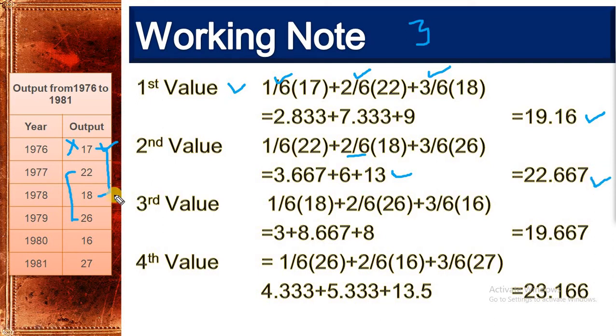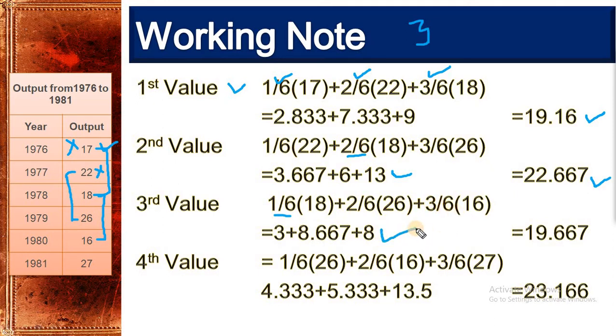For the third group, I need to consider 18, 26 and 16. I discard 2 values to get the third group. Here the weights are again the same: 1 by 6 into 18, 2 by 6 into 26, 3 by 6 into 16.